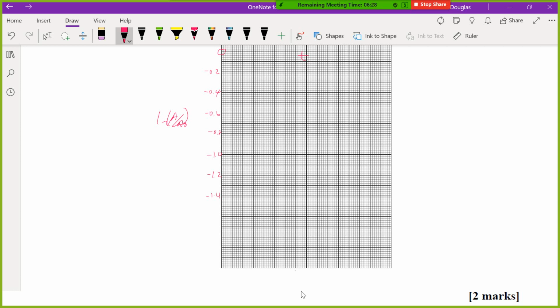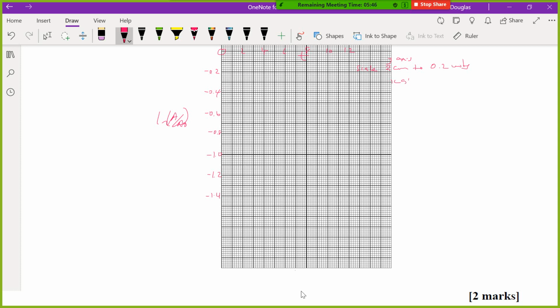And then for the time, I could say 2, 4, 6, 8, 10, 12. Obviously we need to have a scale. The scale for the y-axis is 2 centimeters to 0.2 units.